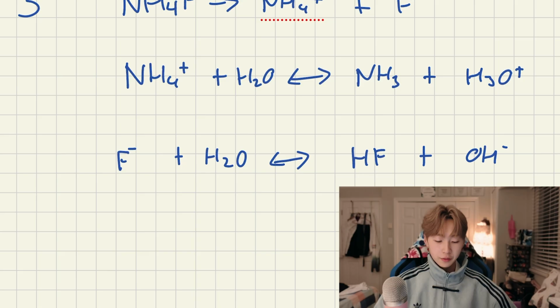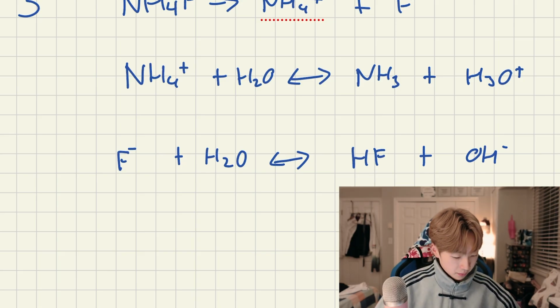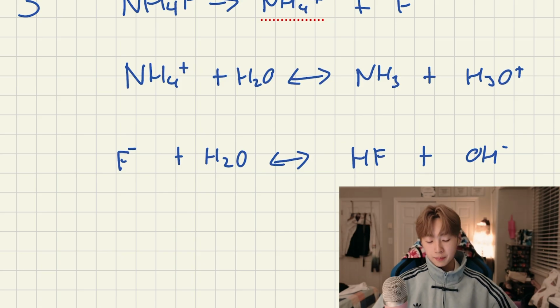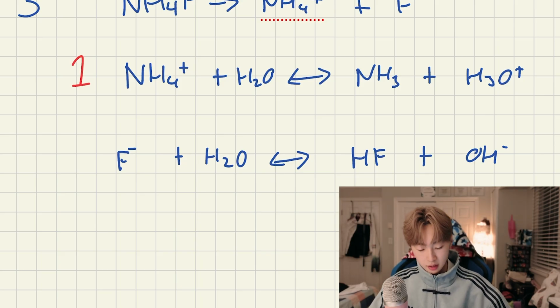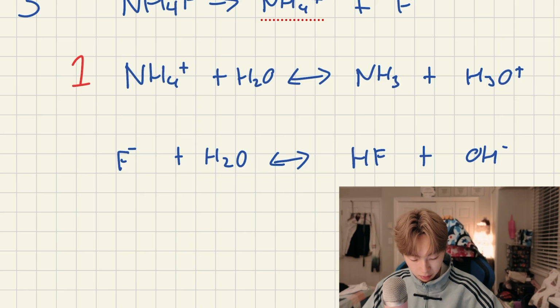And we want to know if it's going to be more acidic or more basic. And how do we do that? Well, we have two different equations here, including acids and bases.